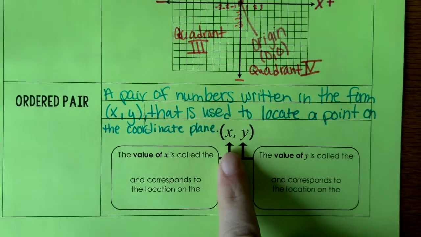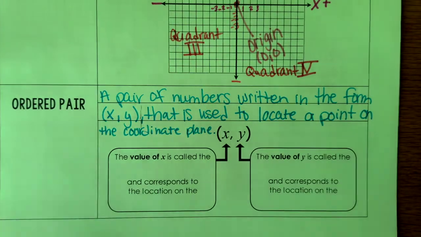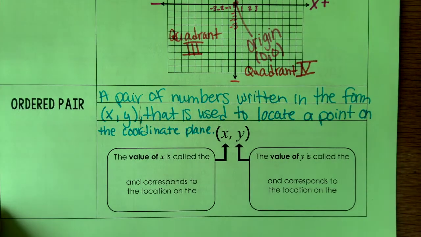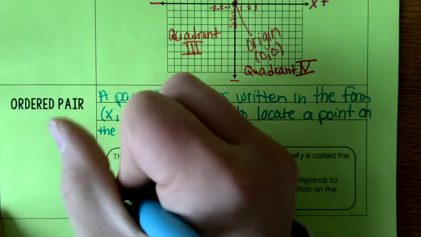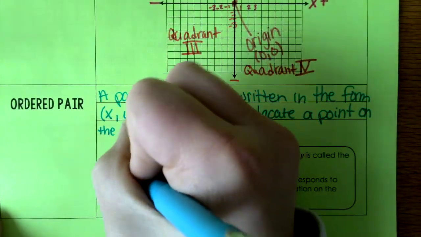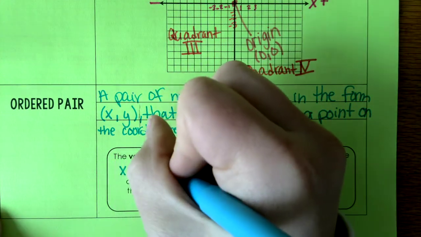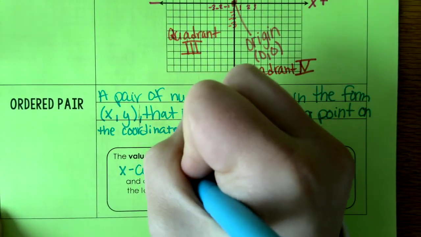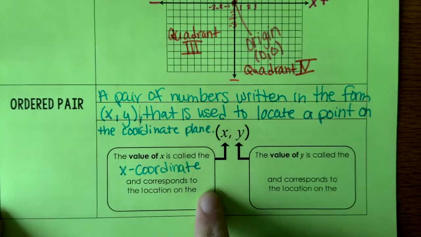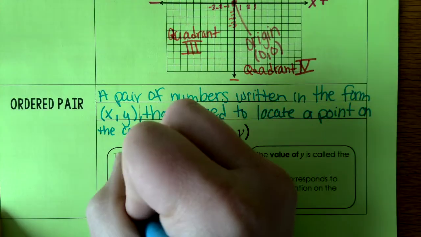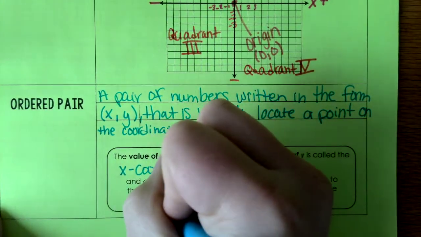So you can see we have my ordered pair here. We have x and y. The x value, we have specific names for them, and they're really creative. Not really. But the value of x is called the x coordinate. And this corresponds to the location on the x-axis.